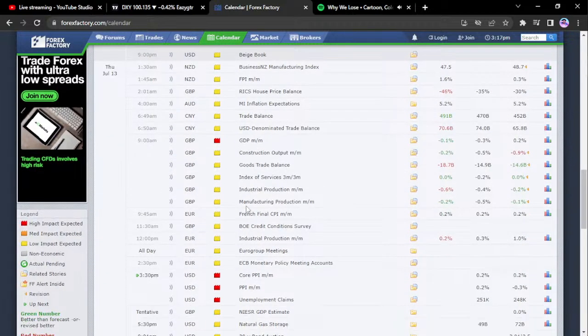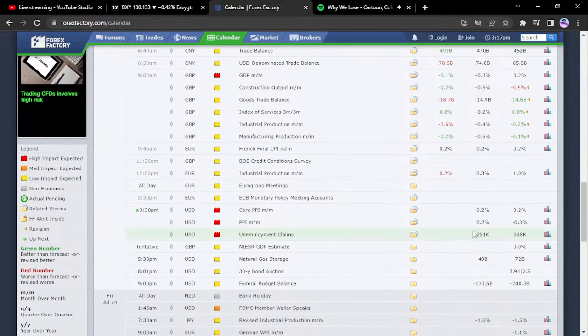So let us look at what we're expecting. 251k. As long as the jobless claims remain below 260k, which is the healthier range, this can give some short strength to the US dollar, as a lot of inflation expectations are priced in with the recent CPI.